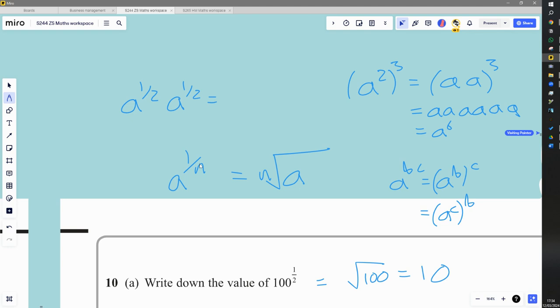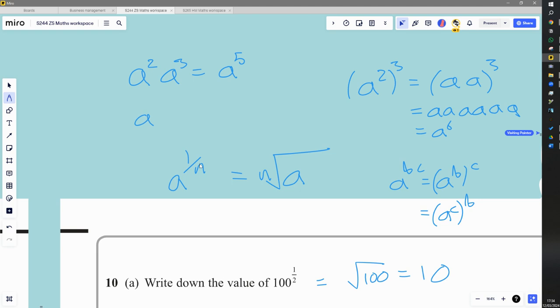I'm going to use another rule. Let me explain another rule first before I do this. a squared multiplied by a cubed is equal to, you may know this rule already, a to the power of 5. I'm just going to state that rule, I'm not going to prove it. But what you do is you add the powers.